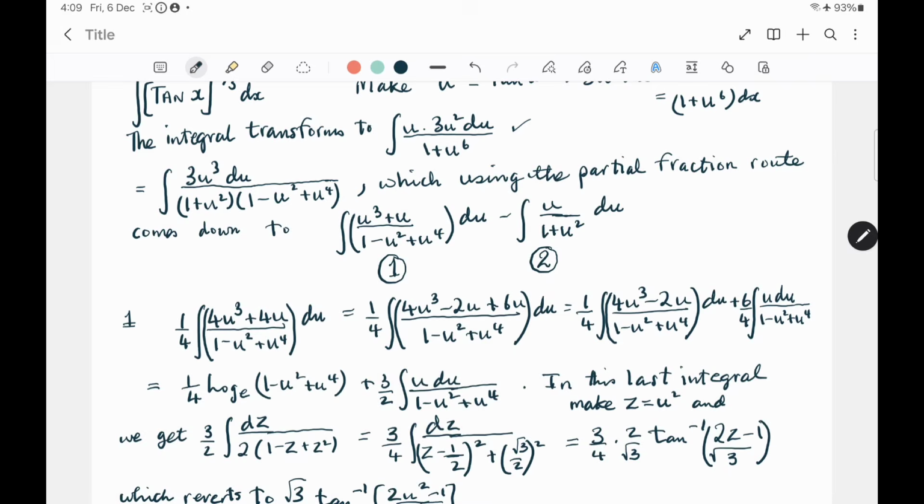Well, the first of those, the top is now the exact differential of the bottom, which was the purpose of all that manipulation, comes down to 1/4 log to base e of 1 minus u squared plus u to the 4th, and we've still got one more integral to do, which is 3/2 u du over 1 minus u squared plus u to the 4th.